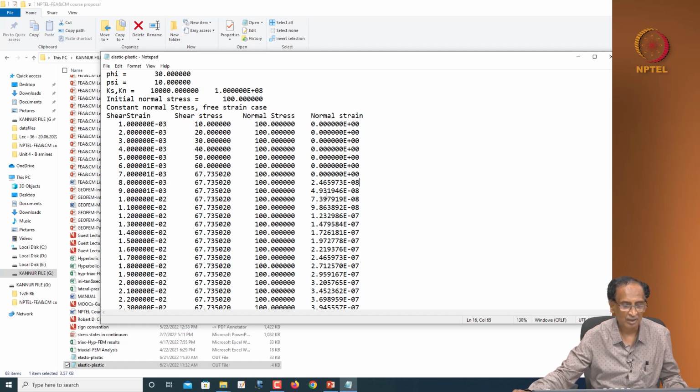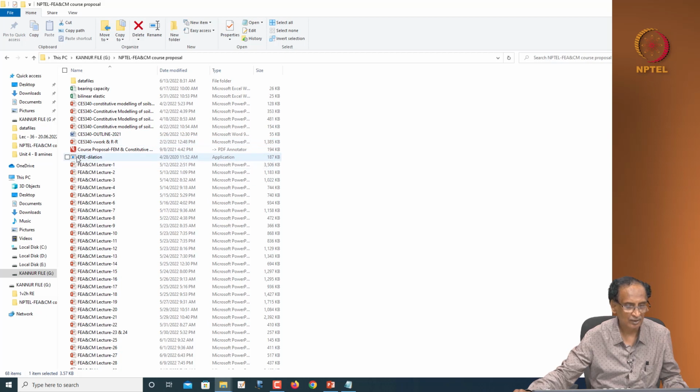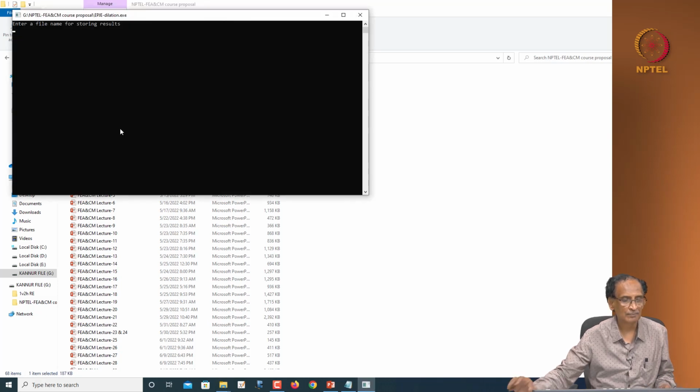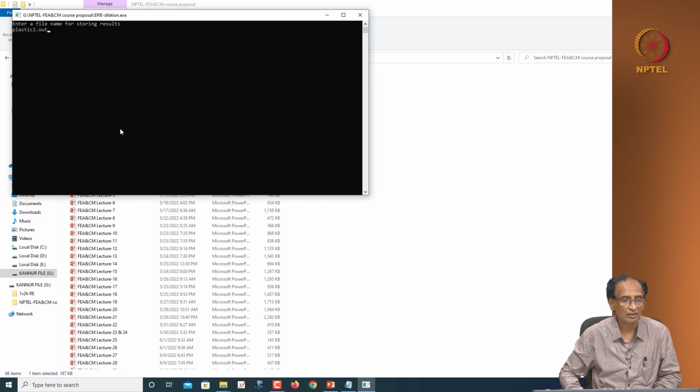Let me compare this. I will use some other dilation angle for the same soil properties. I am calling this result plastic 2 dot out. Okay, 10,000.